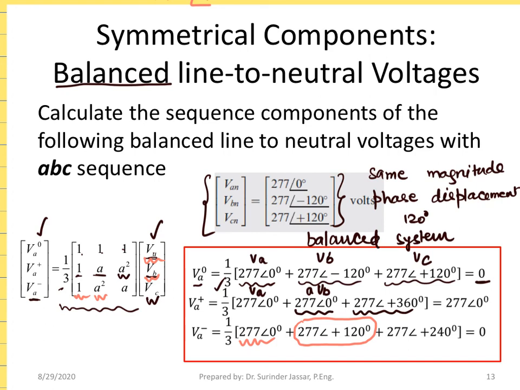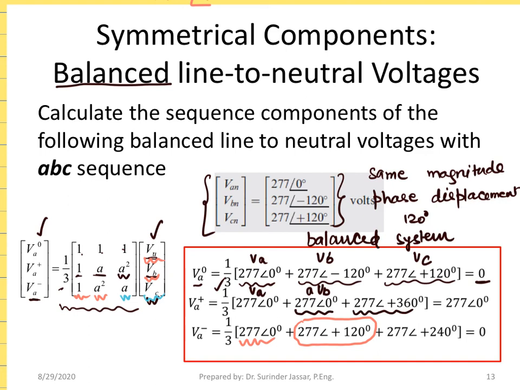The last term you have is A times VC, not square. A times VC: 1 at an angle of 120 is the operator, and VC is 277 at positive 120 degrees.